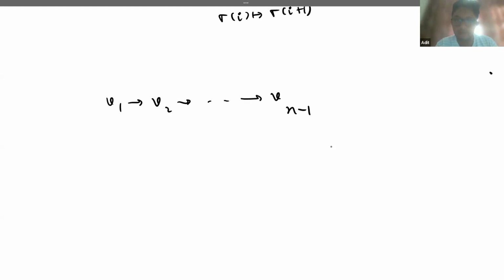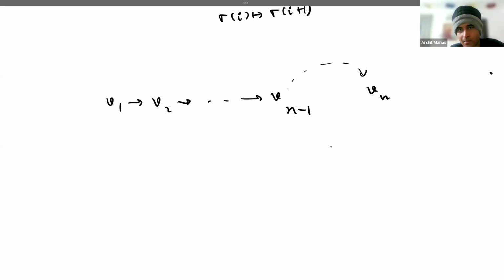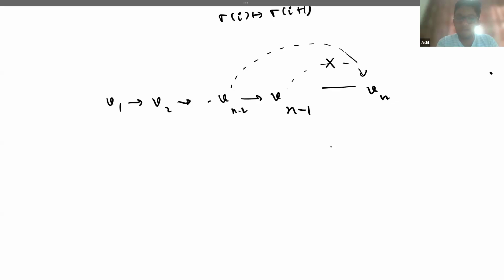Let's just place it somewhere outside for now. If we have a directed edge from V_{n-1} to V_n, then that completes the path. So that can't be the case, which means the directed edge has to be from V_n to V_{n-1}. Similarly, if there's a directed edge from V_{n-2} to V_n, then we have another contradiction, since we have V_{n-2} to V_{n-1}. So similarly, all of the arrows must be from V_n to the other vertices, but now we just put V_n at the start of our path.